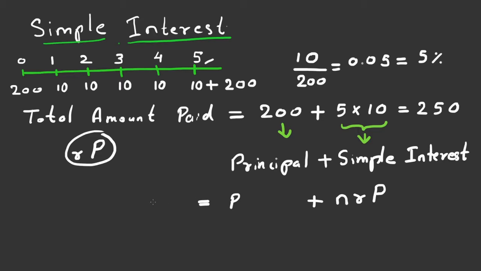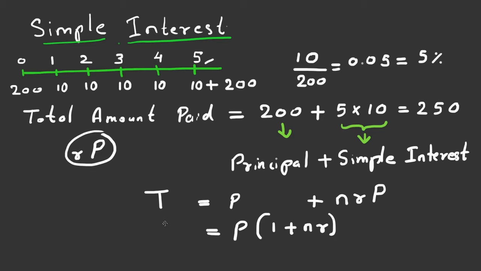So, what is the total amount? Total amount is equal to P plus NRP. So, let us take P outside, then P into 1 plus NR.